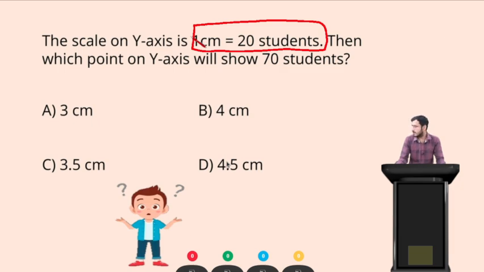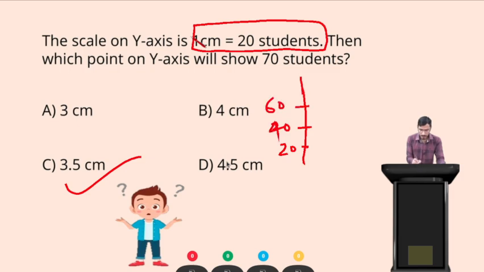Okay, students, time up. The right answer is option C, 3.5 centimeter. You can see 1 centimeter is equal to 20 students, 2 centimeter is 40 students, 3 centimeter is 60 students, and 4 centimeter is 80 students.